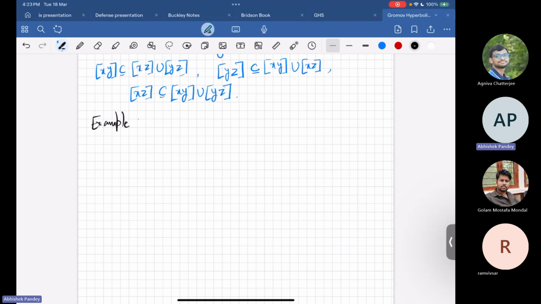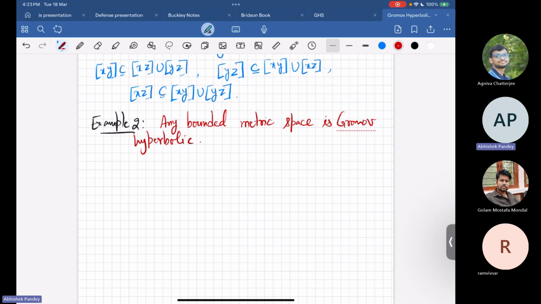Example 2 is again quite easy to see. Any bounded metric space is Gromov hyperbolic. Again, this is easy to see.